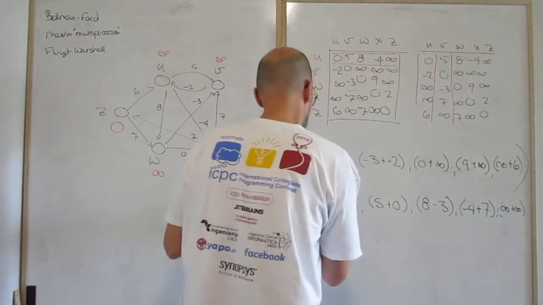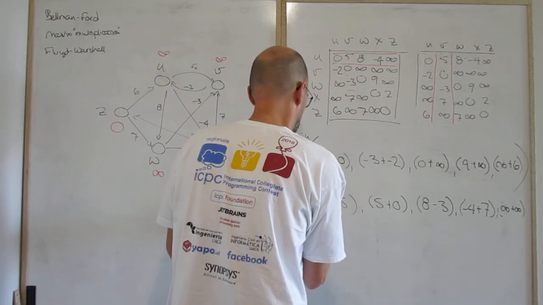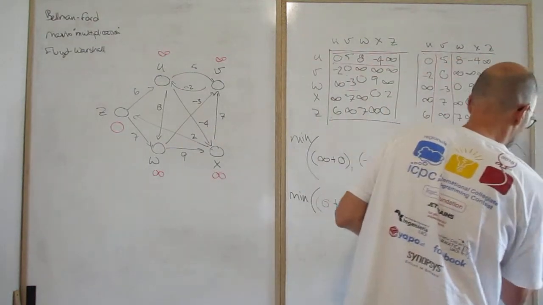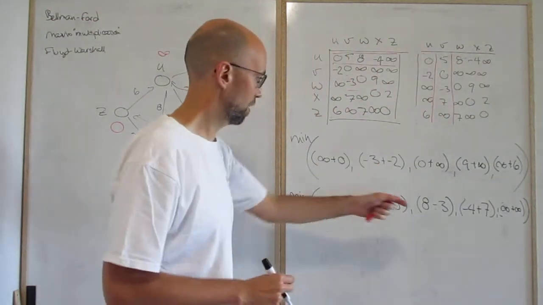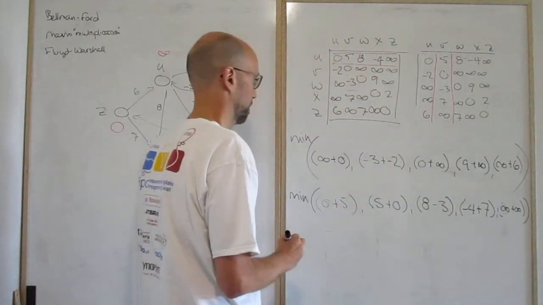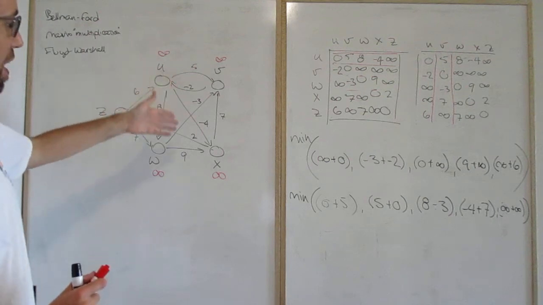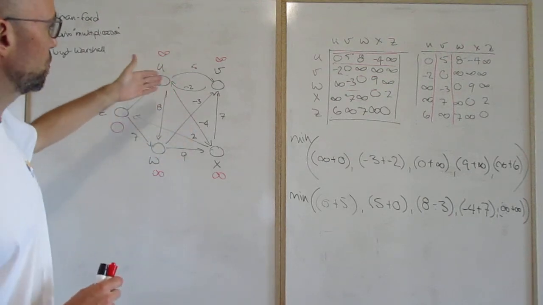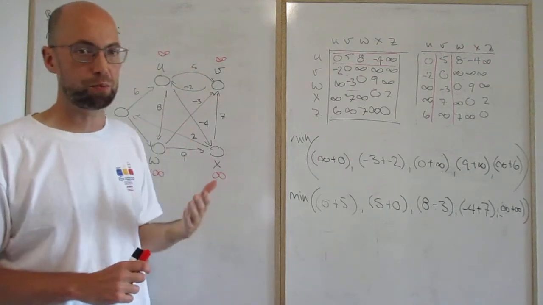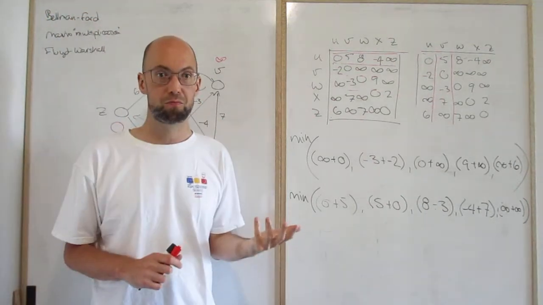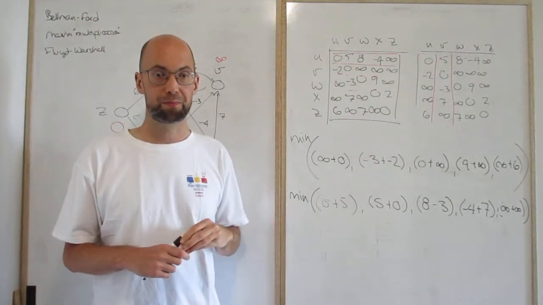So now if I take the min over these, it's going to be this one. It's going to be 3. Okay? So the shortest path to get from u to v in at most 2 steps has length 3. Okay?